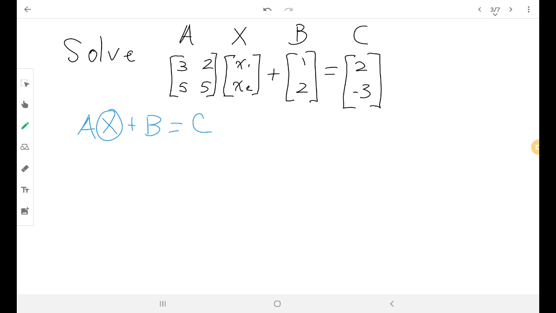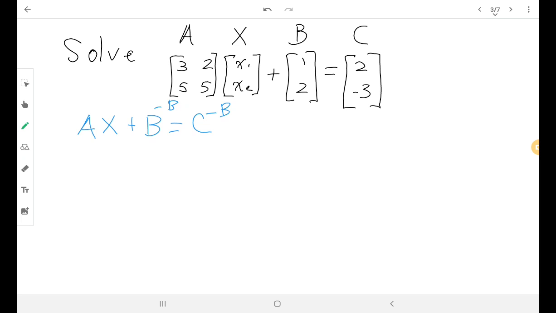Again, we're trying to get the X by itself. You can see that we've got a matrix X with all variables, so we're trying to get that matrix X by itself. Same thing will happen here. We'll do minus B and minus B.